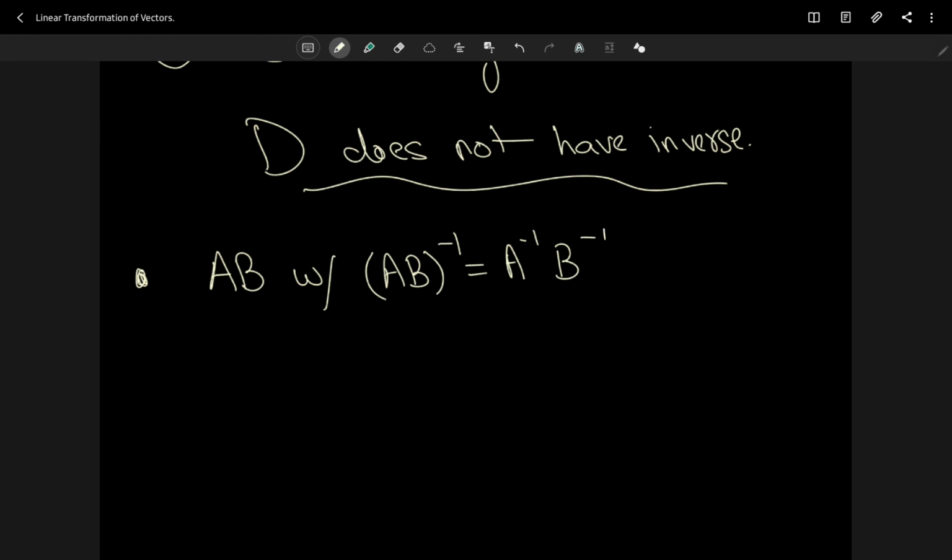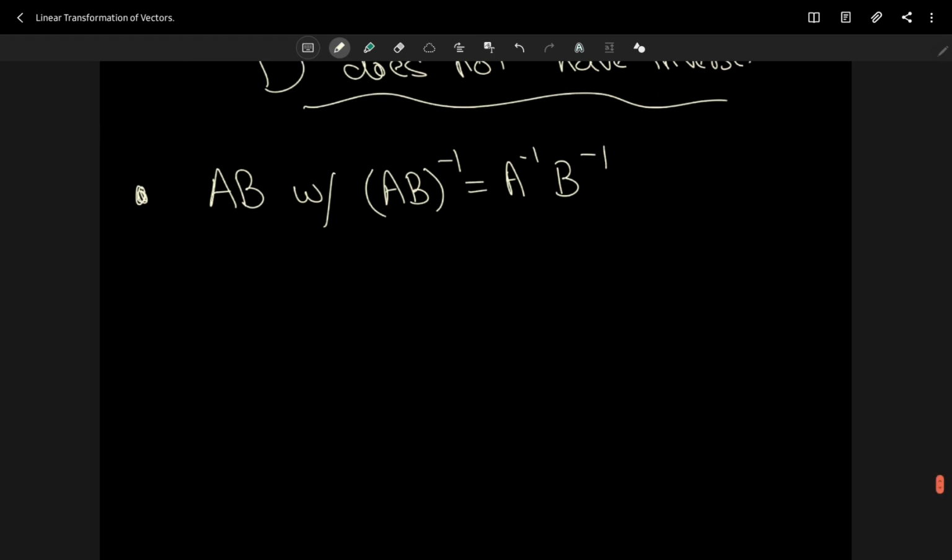And the other one we covered is, if A is invertible and some alpha is not equal to 0, then alpha A inverse is written like this: 1 over alpha times A inverse.